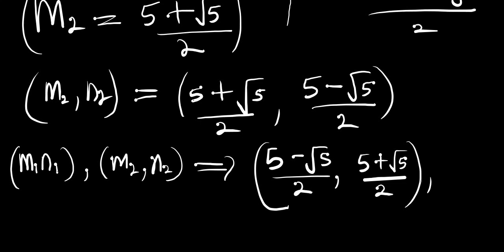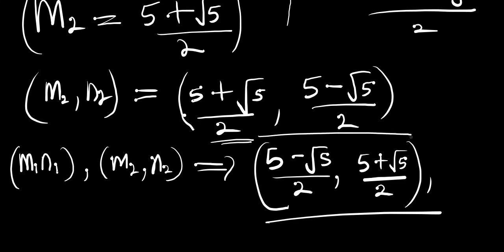Then, comma, let's go to m2. This is just m2, which is 5 plus root of 5 divided by 2. And this is n2, 5 minus root of 5 divided by 2. So the whole of this becomes the answer.